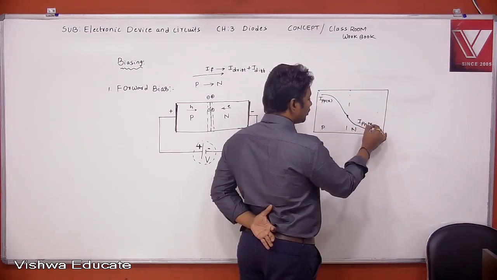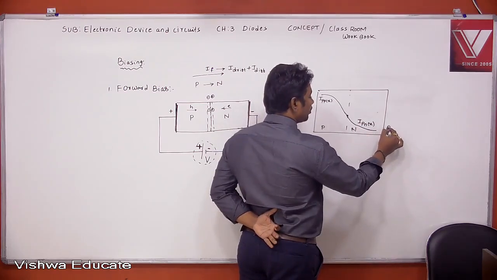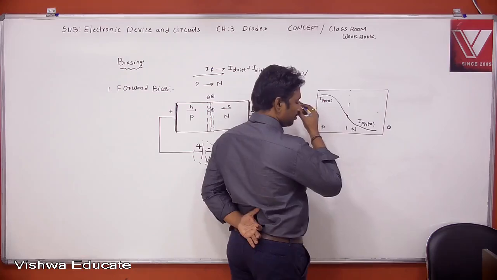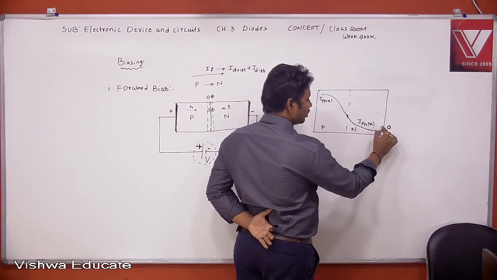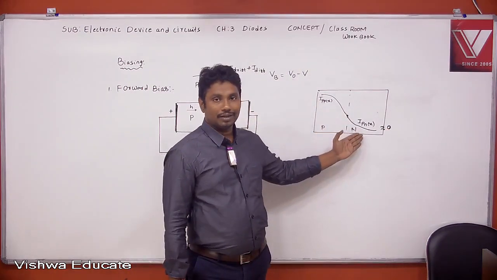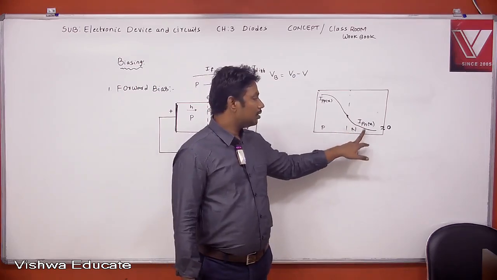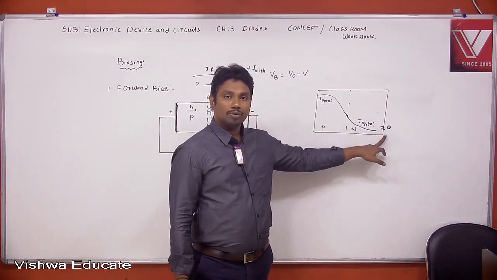That current is nothing but IPN of X. This IPN of X becomes almost negligible, due to what? Recombination. Whenever the holes enter the N side, all holes will recombine with electrons. Then this IPN of X becomes almost negligible.